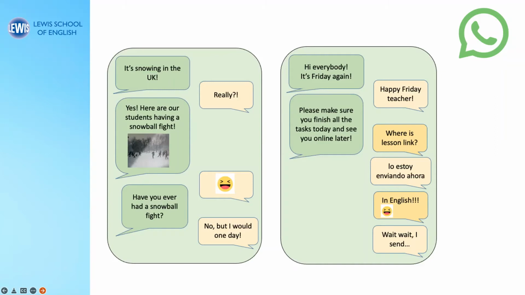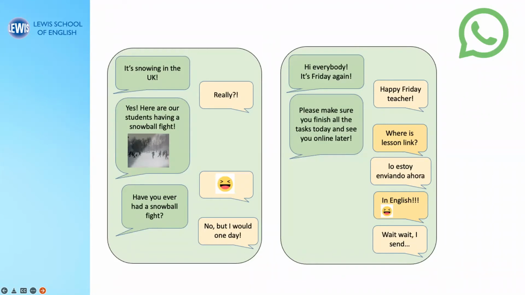But as the course progressed, they became a lot more active on WhatsApp, not just more active, but in English, and also policing each other. If somebody wrote something in Spanish, somebody else might say, hey, don't forget, in English. The teachers ended up having to say very little because there was a lot of this self-policing.